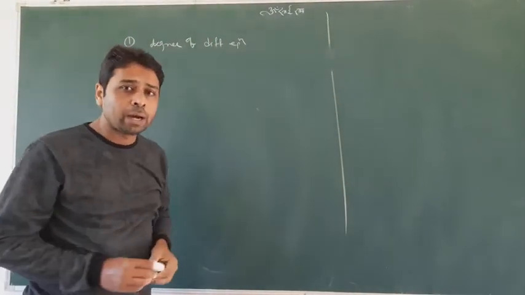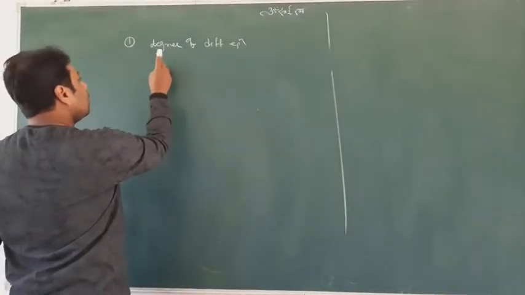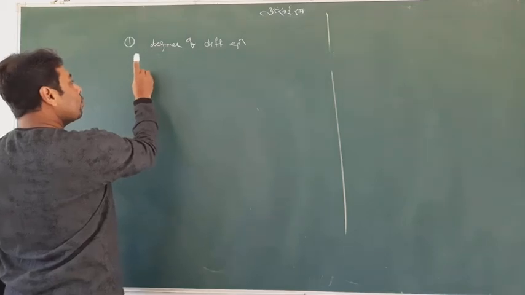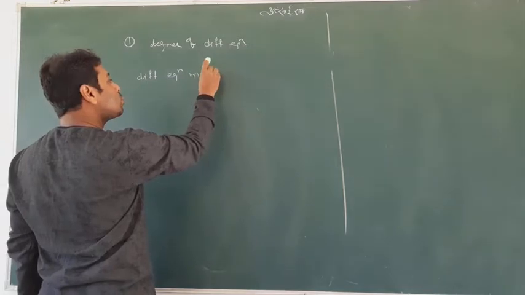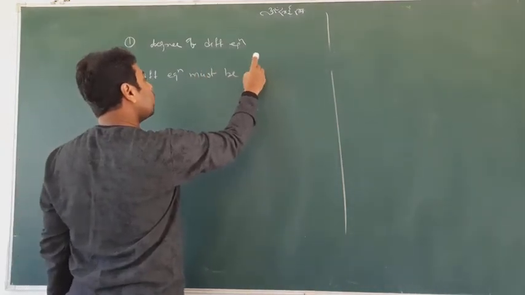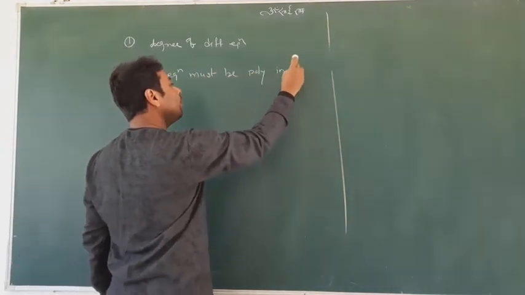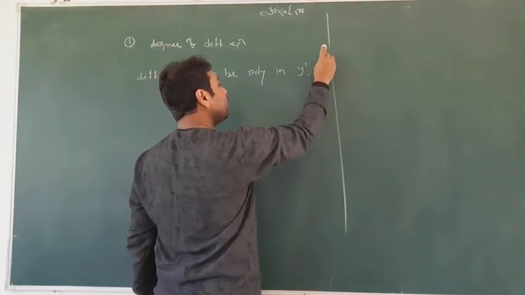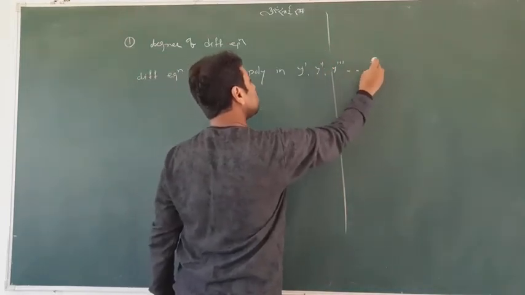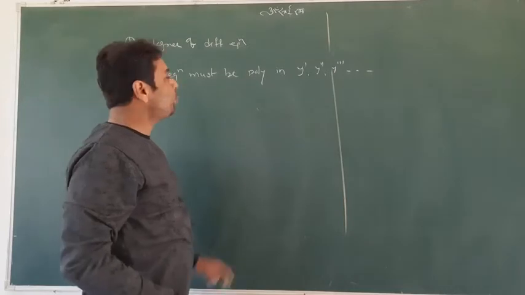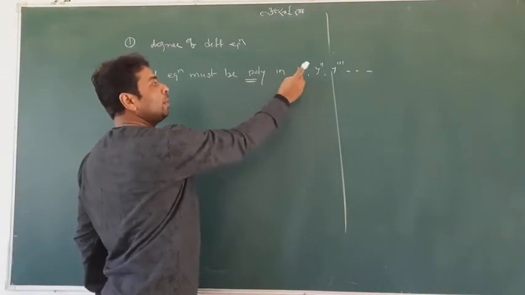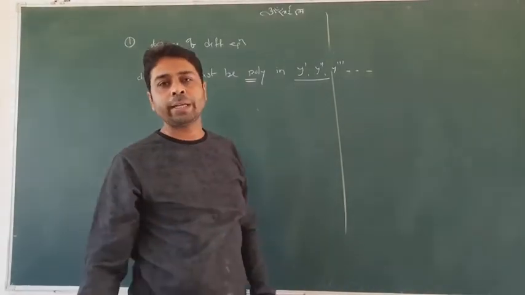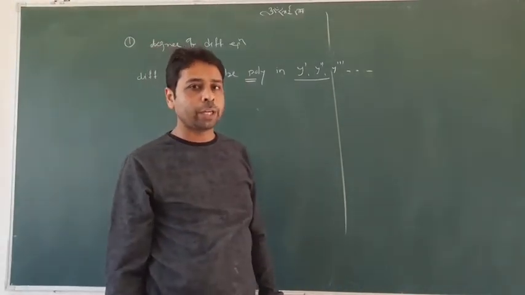Now let me tell you something. In degree, your differential equation must be a polynomial in y dash, y double dash, y triple dash and so on. It means that if any equation is coming which is not a polynomial in these sections, we cannot find the degree.